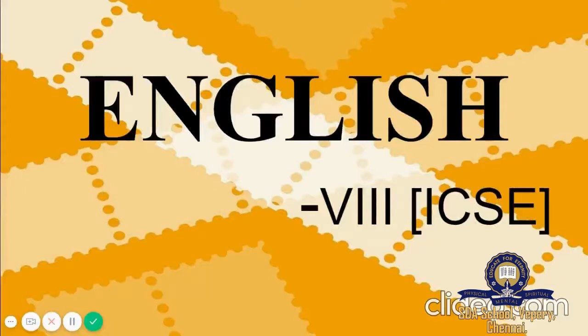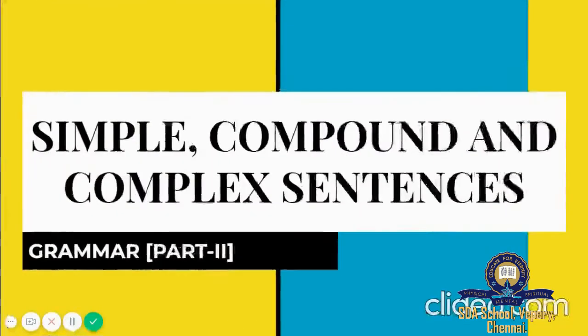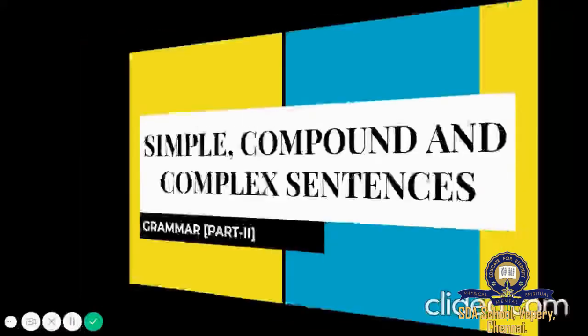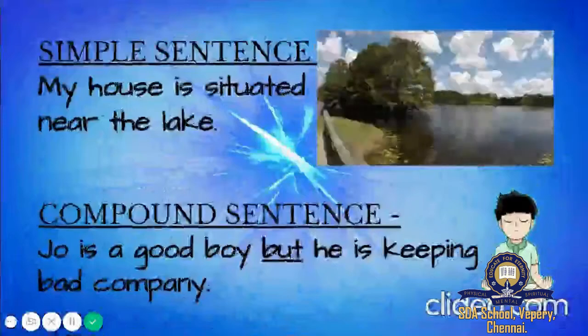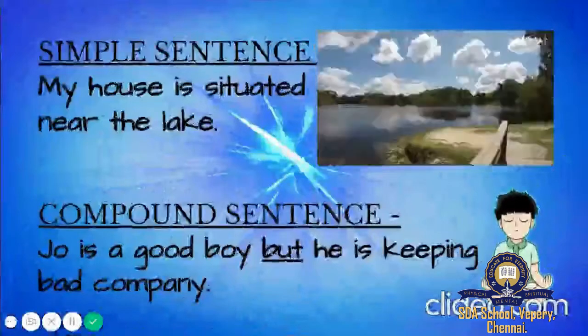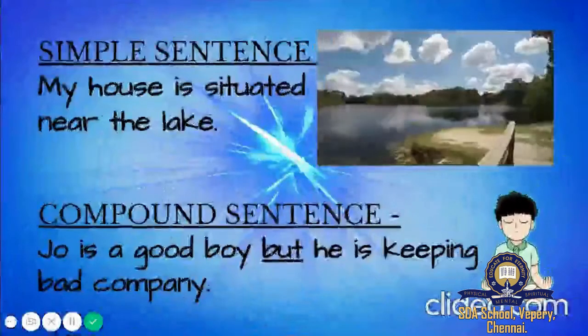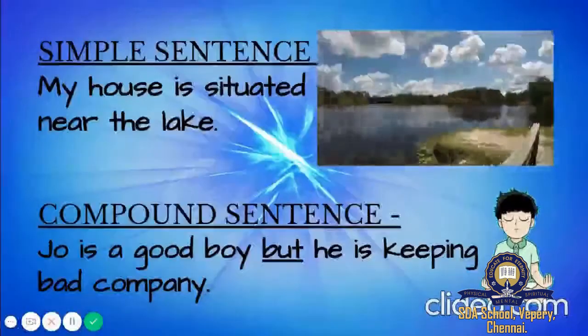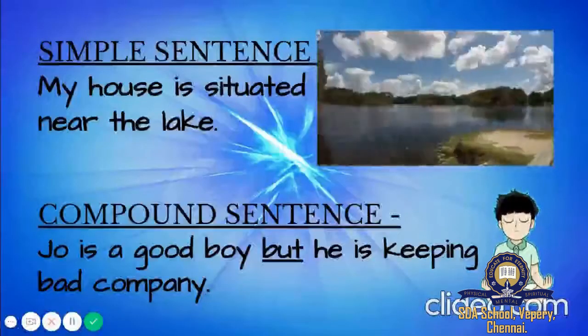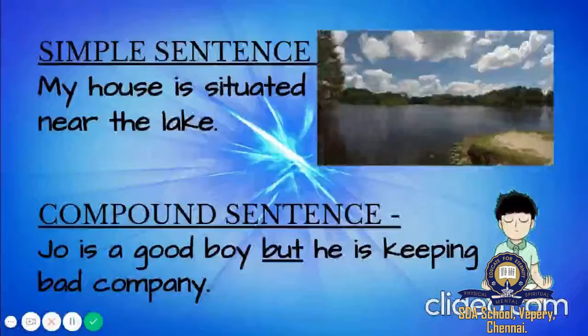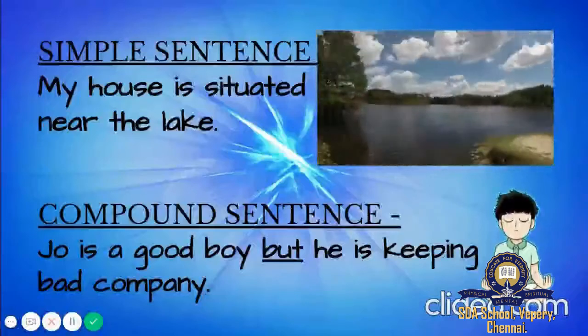Okay, now let's have a revision of what we saw in the previous session and then go to the next kind of sentence. First, we saw about simple sentence, right? It is a kind of sentence which consists of only one main clause. For example, my house is situated near the lake.